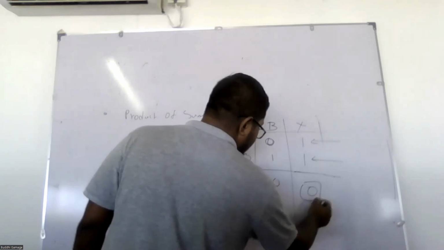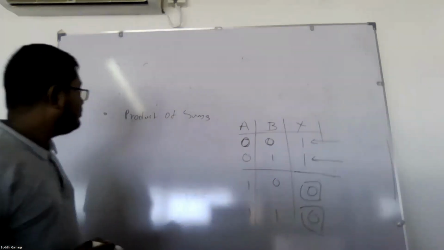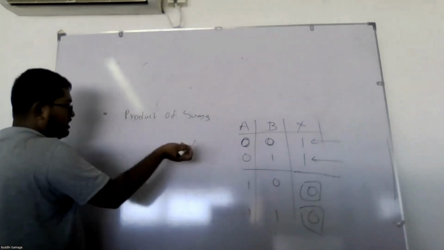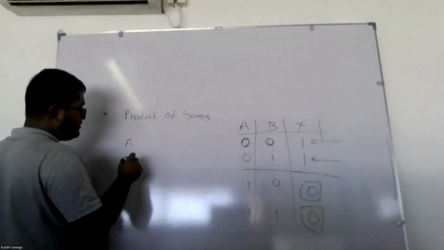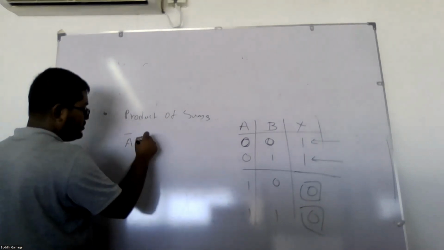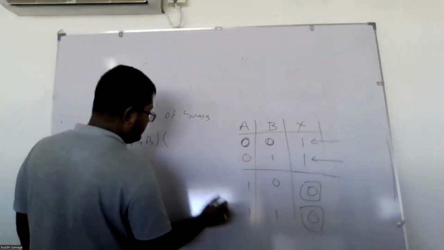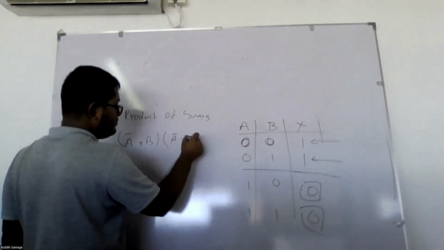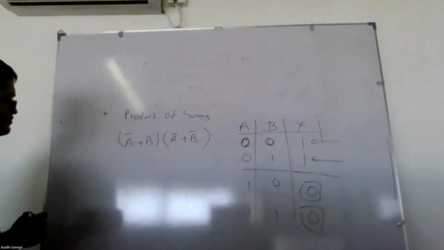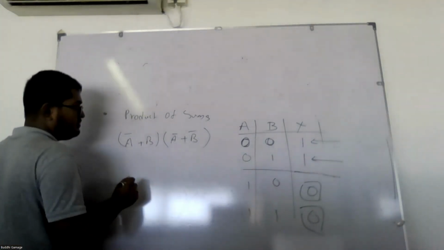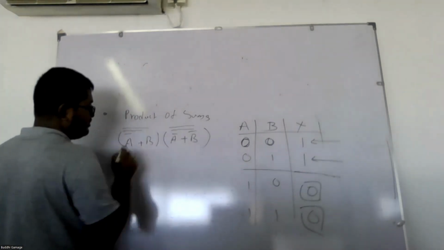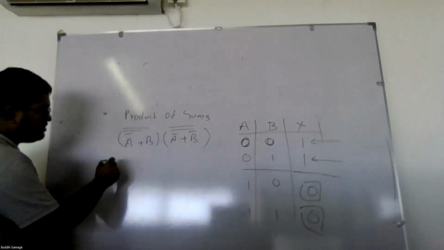Since if A is true in product of sums, we need to negate that. So that means A bar plus B into A bar plus B bar. For more simplicity, we can do this one. There is not going to be any harm.